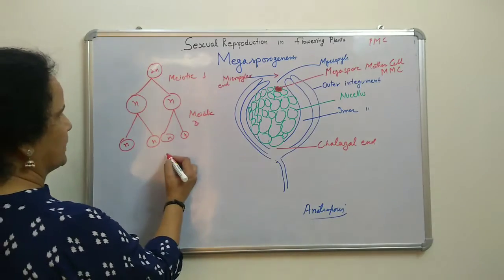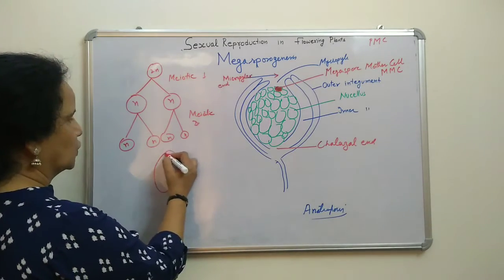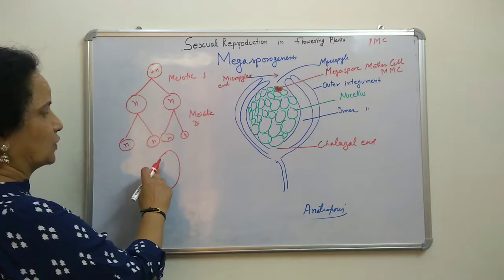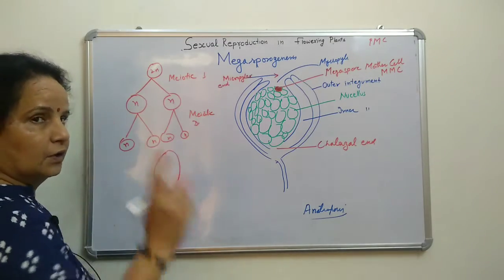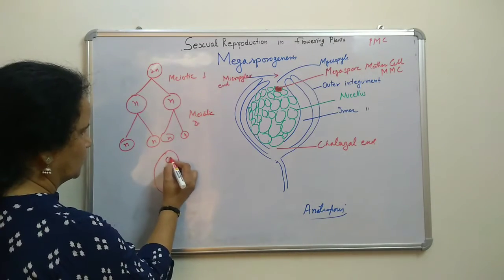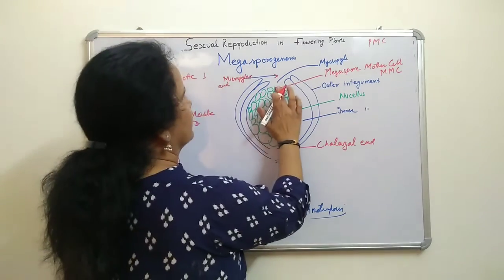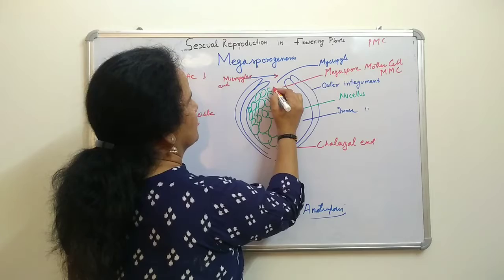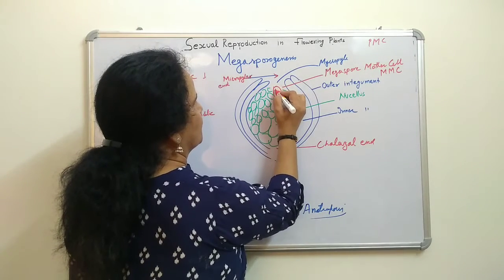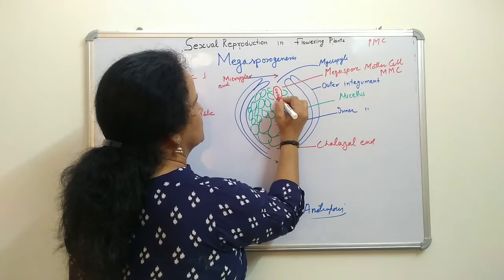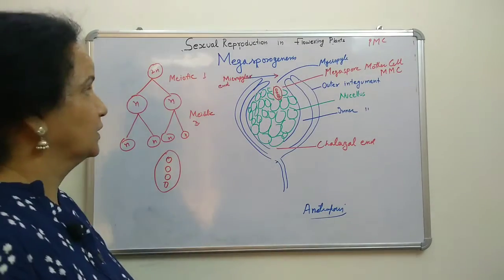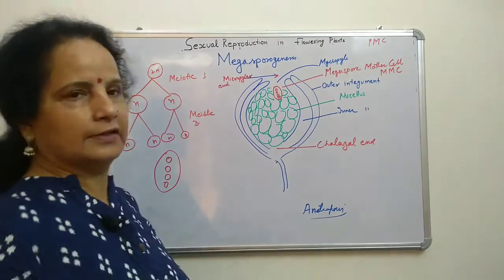Now what will happen there? Inside this cell, no cytokinesis will occur, only karyokinesis. So we have 4 daughter cells. What will happen in these 4 daughter cells?